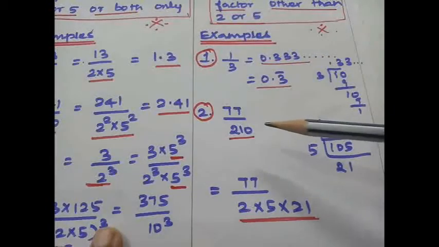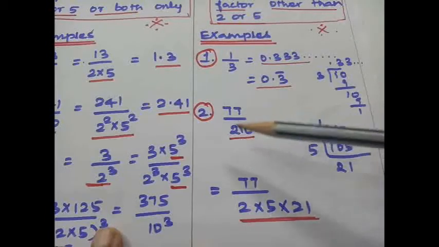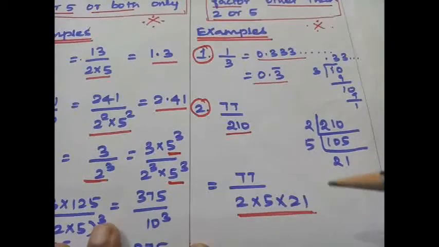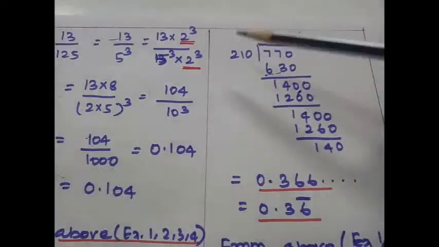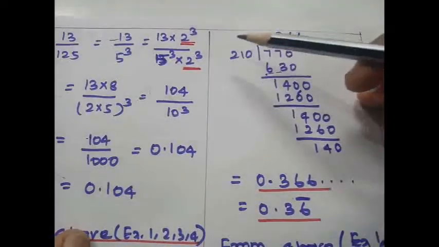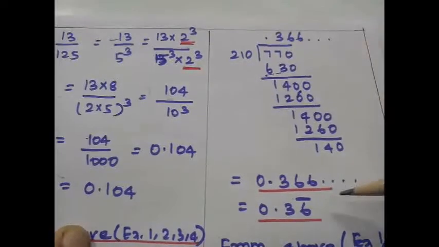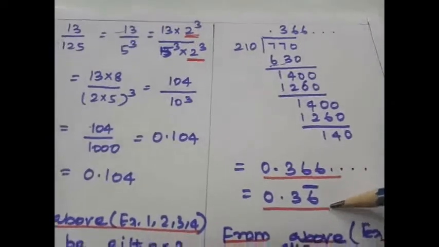In example 2, 77 by 210. 210 we can factorize: you have the factors 2, 5 and 21. If you do the long division, 77 by 210 gives 0.3666, it's repeating. So we can write 0.36 bar.